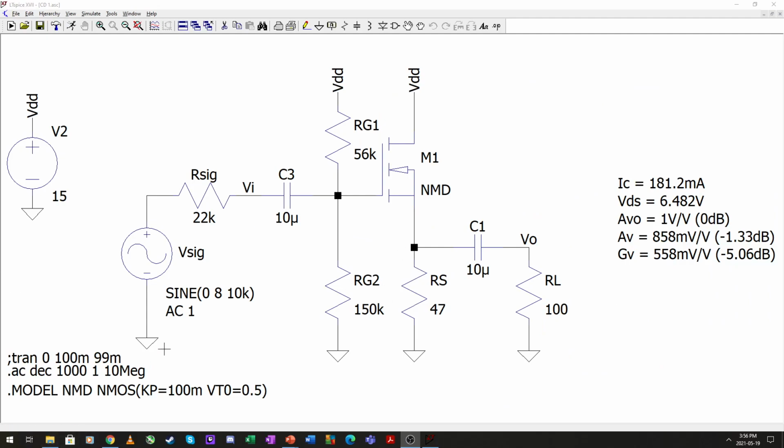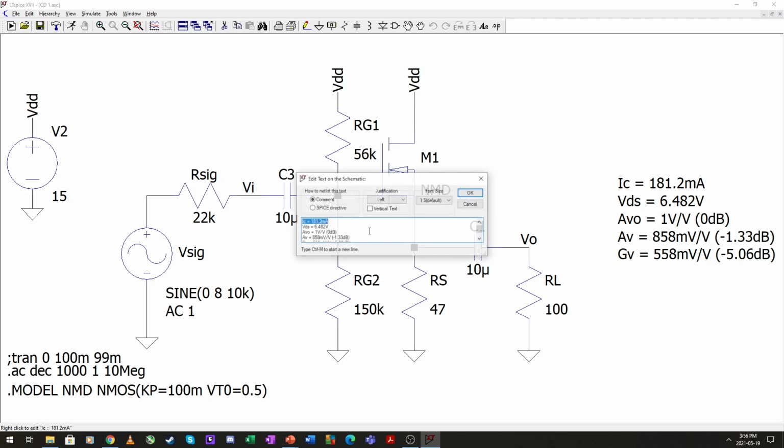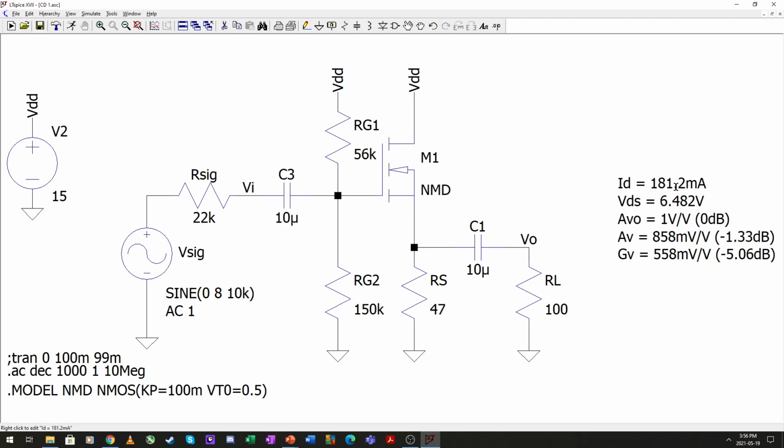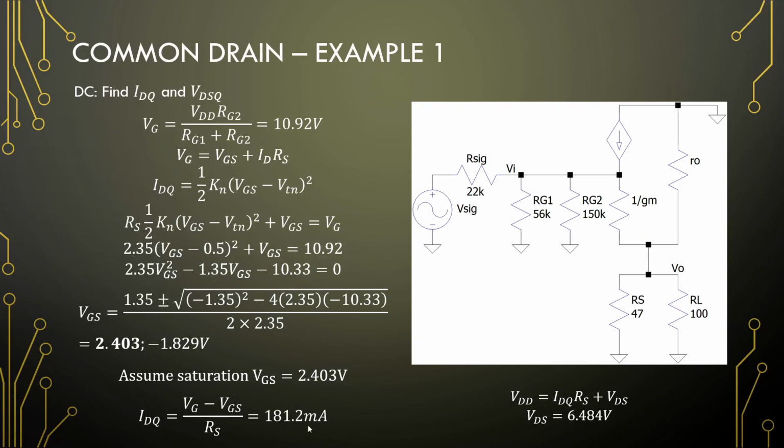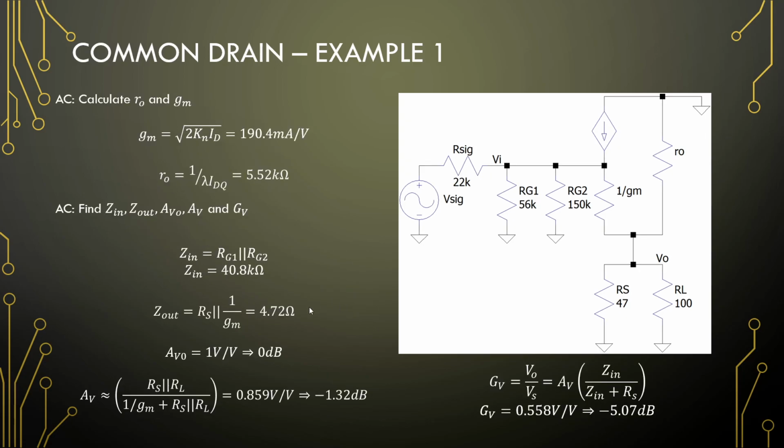For our first common drain amplifier here, we have a drain current of 181.2 milliamps, VDS of 6.5 volts, 0 dBs unloaded, minus 1.33 decibels, minus 5.06 decibels, and let's see how that looks. 181 milliamperes, 6.5 VDS, 0, minus 1.32, minus 5.07 dBs.